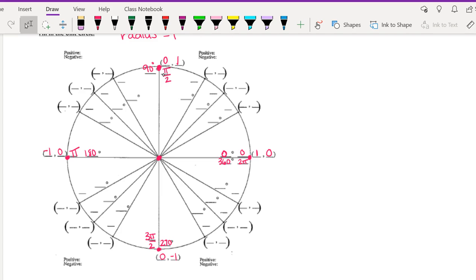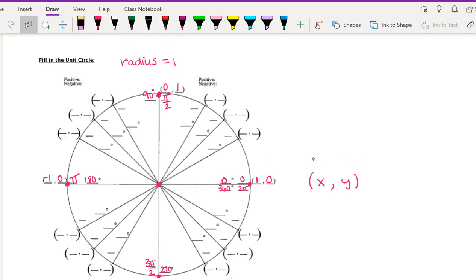Okay, so those are our quadrantal angles. The ordered pairs are x and y. Every ordered pair is x, comma y, which is the distance from the center of the circle. Okay, now let's look at the other 12 angles.